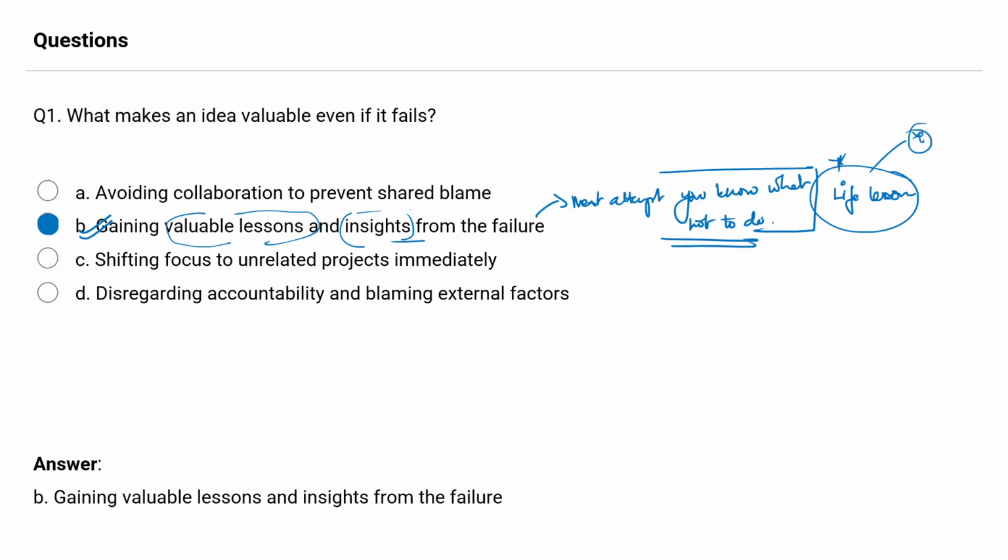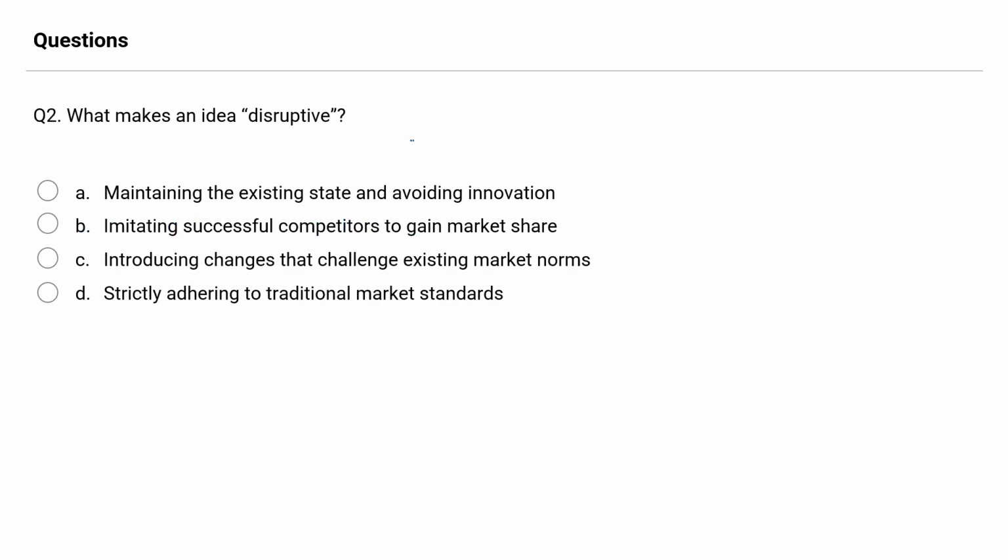Fine. Let's proceed ahead. What makes an idea disruptive? We are trying to understand what makes an idea disruptive, which can shake the ecosystem. The options given to you are: maintaining the existing state and avoiding innovation; imitating successful competitors to gain market share; introducing changes that challenge existing market norms; and strictly adhering to traditional market standards.